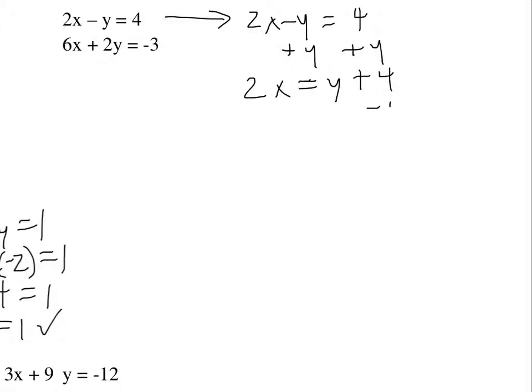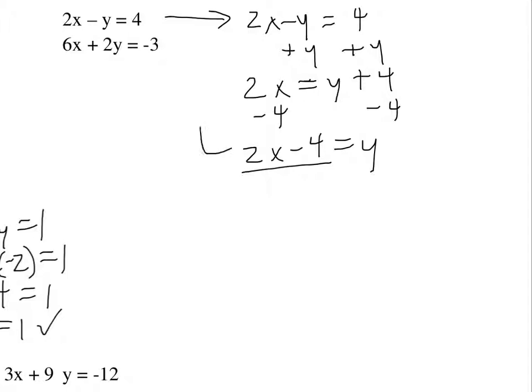We're solving for y. Let's subtract 4 from both sides. 2x minus 4 equals y. Now we know what y equals. Y is 2x minus 4. We solved the first equation for y.